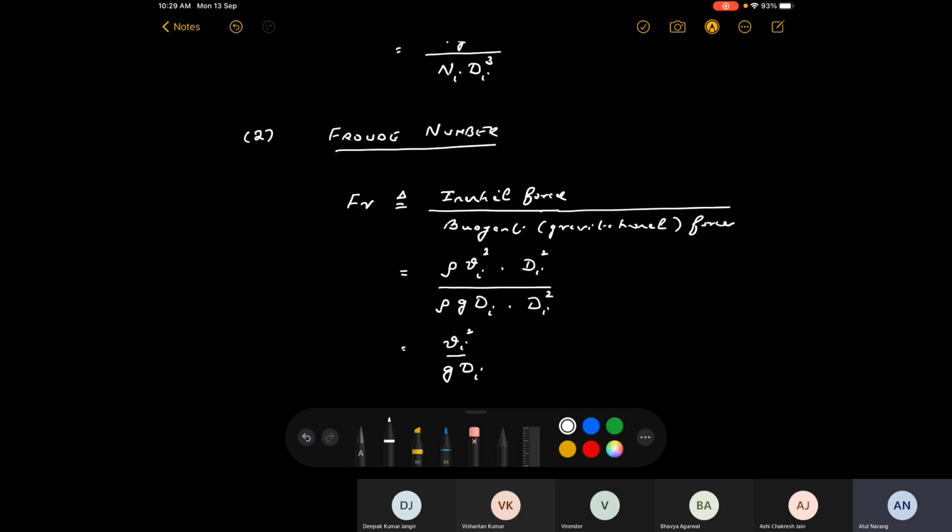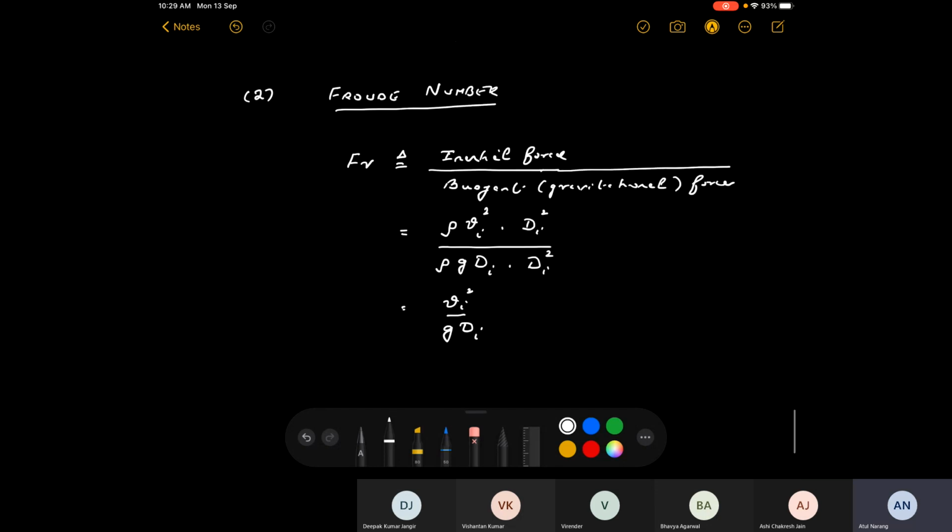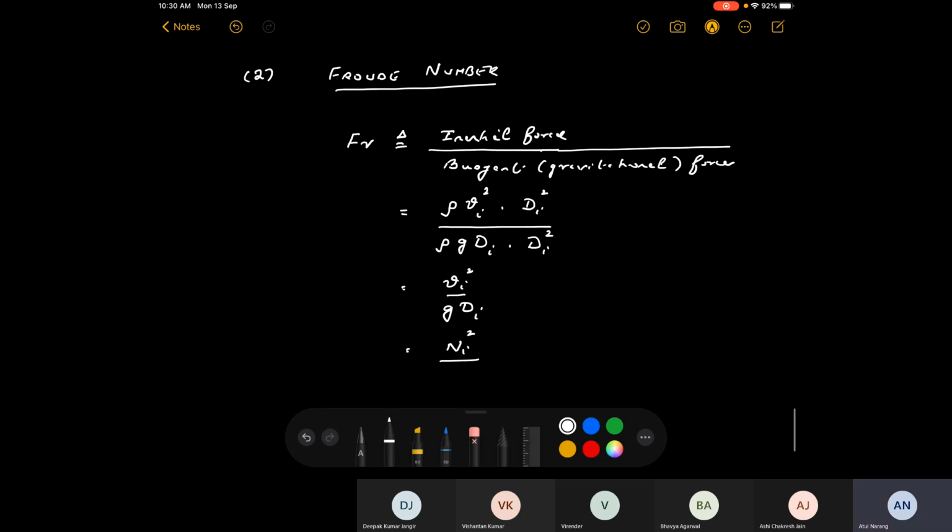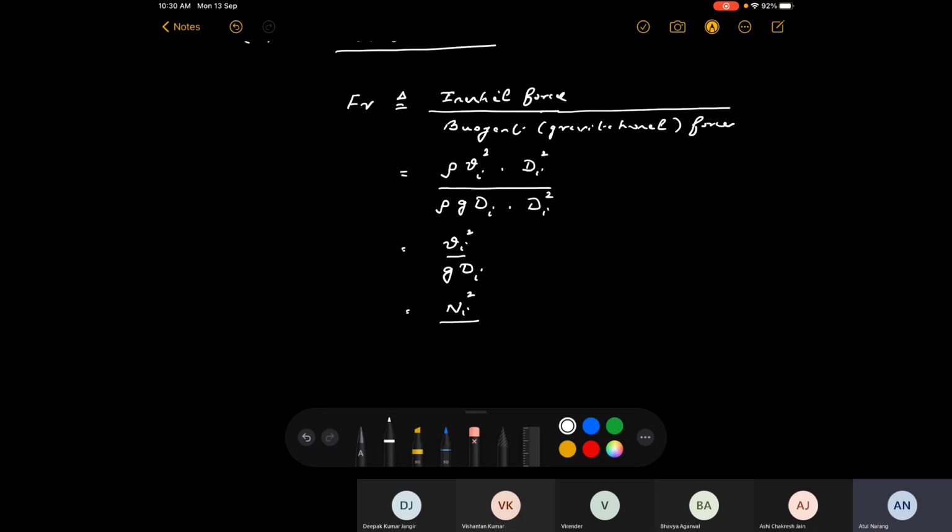And since vi equals n sub I di, then this is basically n sub I squared di divided by g, since v sub I, which is the velocity of the impeller, is n sub I times d sub I.